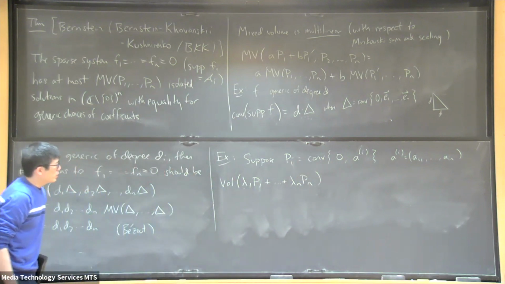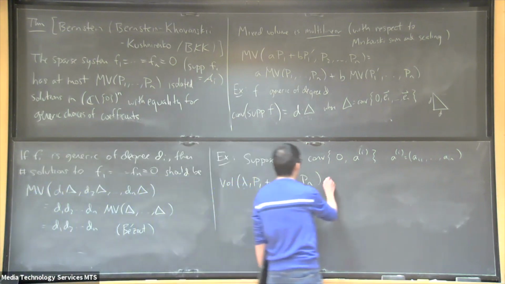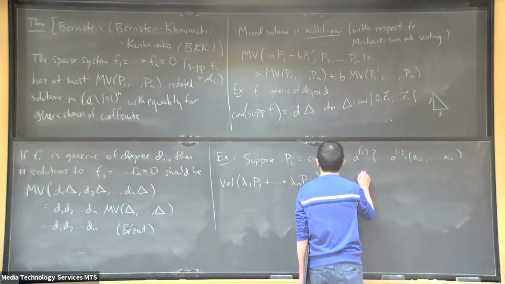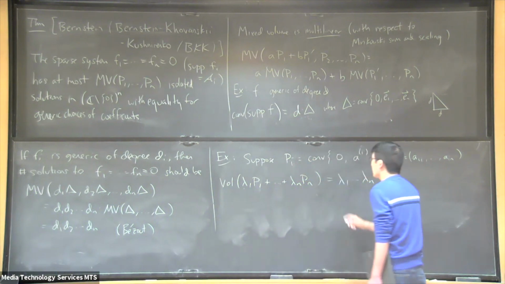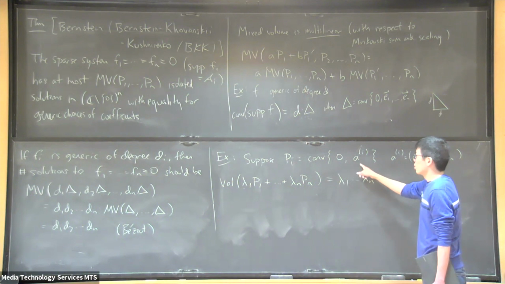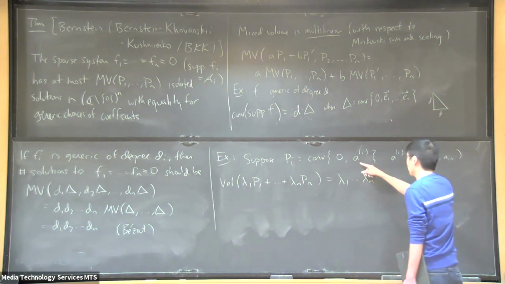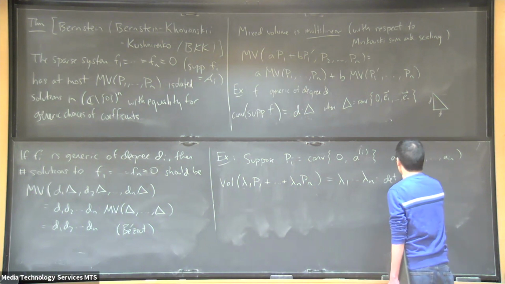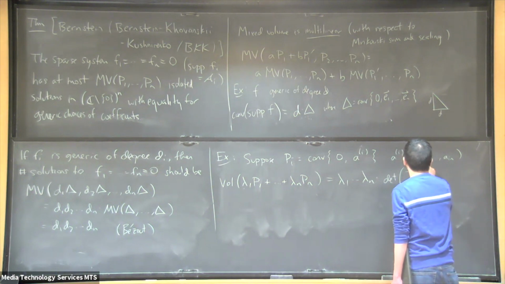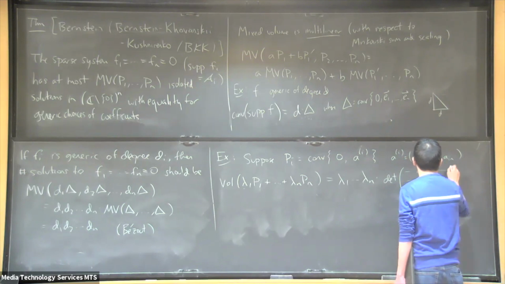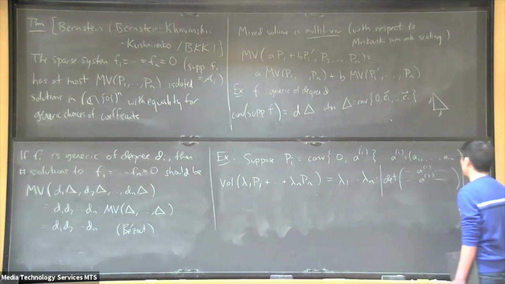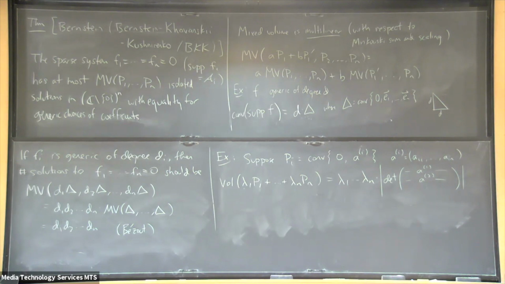And so the volume is going to be these scaling factors times the determinant determined by these vectors ai, the determinant of a1, a2, and so on. I guess absolute value, just to be safe.